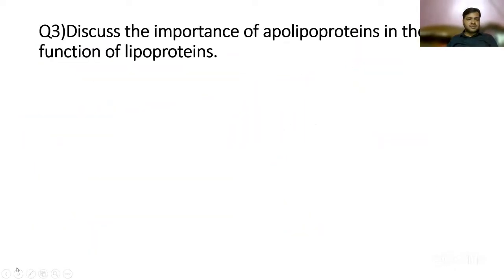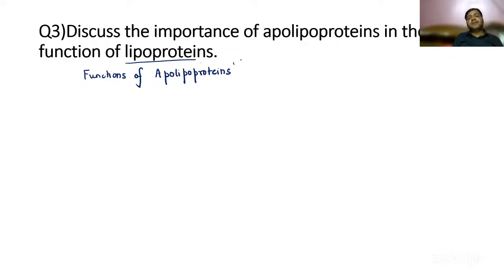Now, the question says, discuss the importance of apolipoproteins. In the function of the lipoproteins, I will mention all the functions of apolipoproteins in one line.